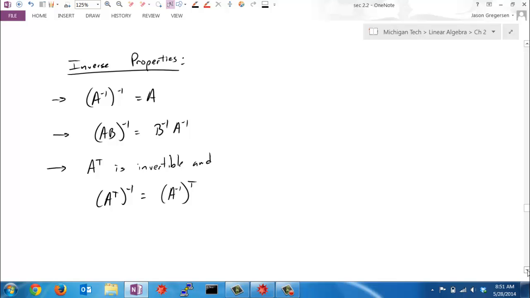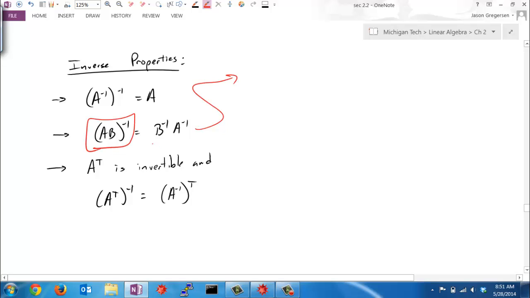Okay, so now what I'd like to do is prove one of the properties. Once again, not so much because I need you to go through a formal proof, but I need you to see once what it means to prove something with an inverse, because it's really just the definition of what the inverse is. So let's prove this one right here. All this is really saying is that the inverse of that product is equal to this thing.